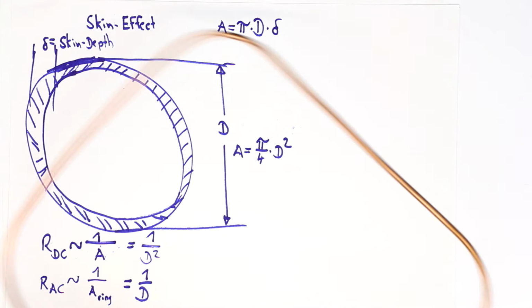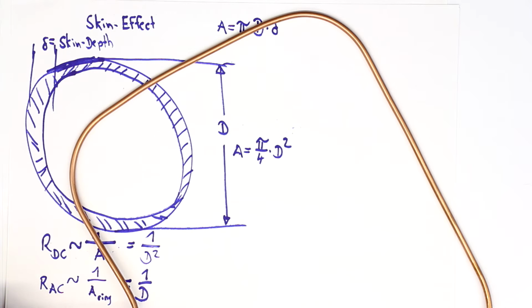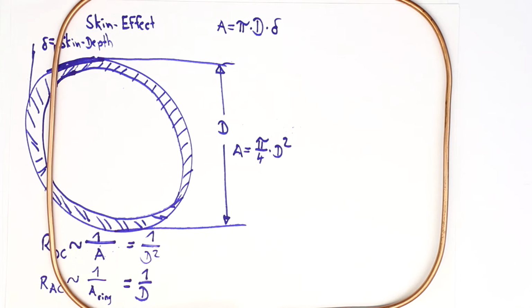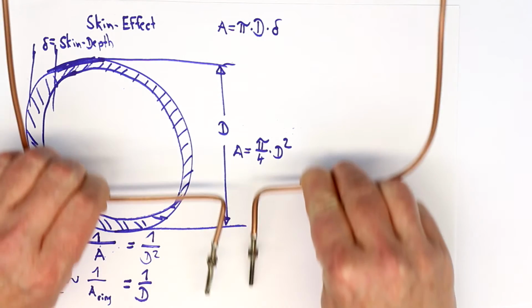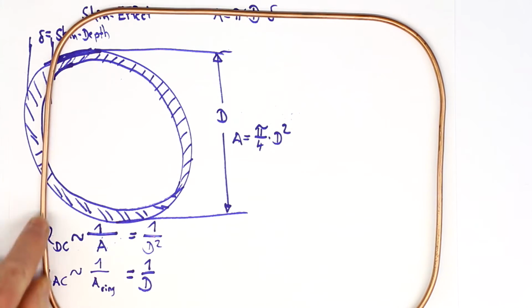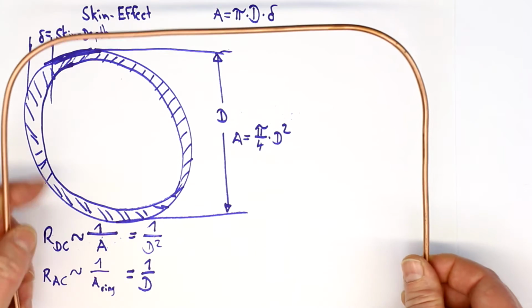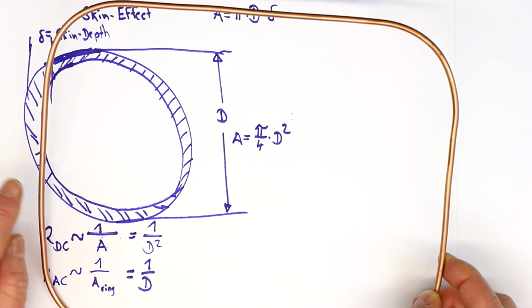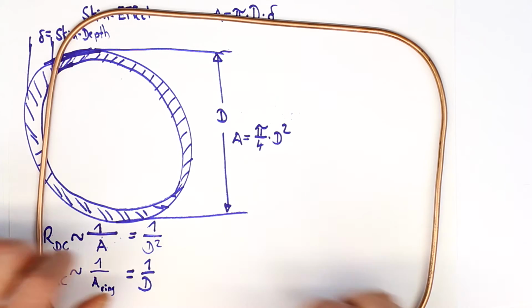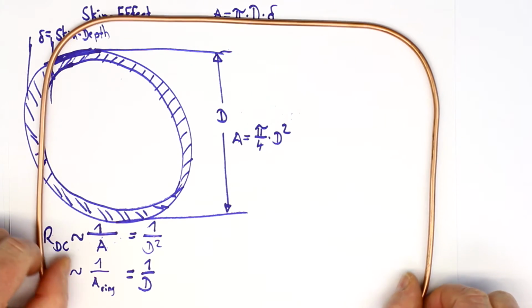And so we can come to the idea, instead of using solid wire, which would become thick, stiff, heavy and expensive, we just use copper tubing, like in this square loop antenna. You can see down below are the 2 banana jacks, and this is a simple 4 millimeter copper tubing, and it has the same resistance as if I would take 4 millimeter thick wire, which I probably wouldn't even be able to bend without a vise.